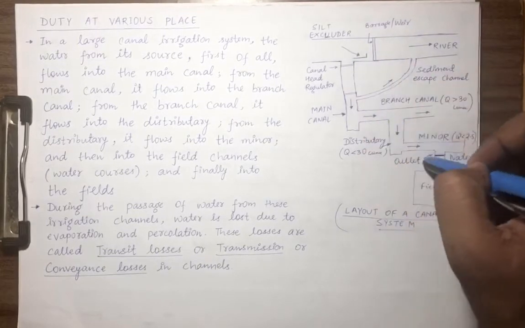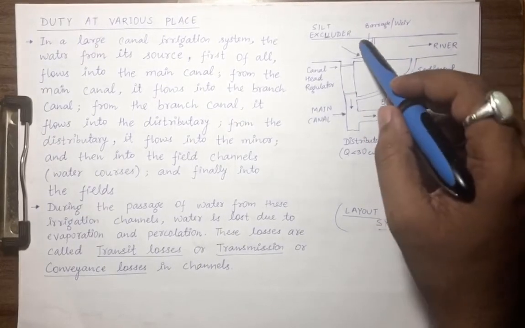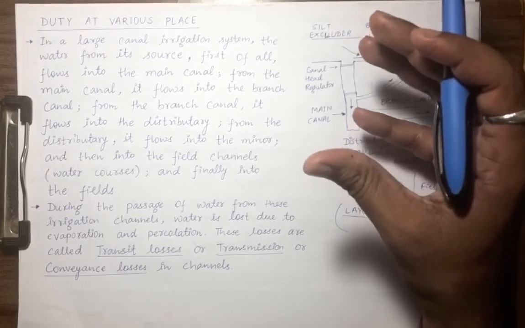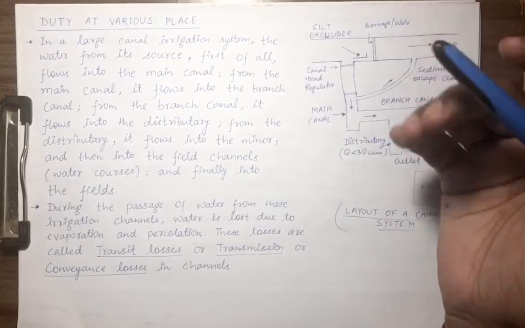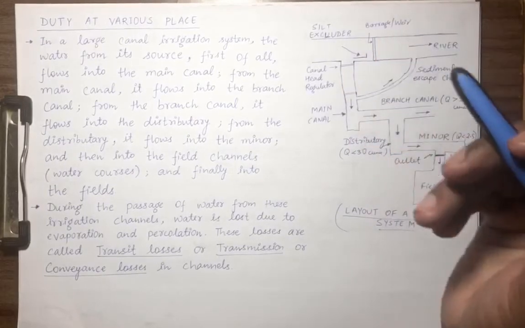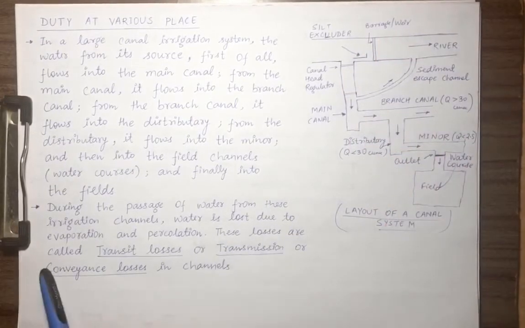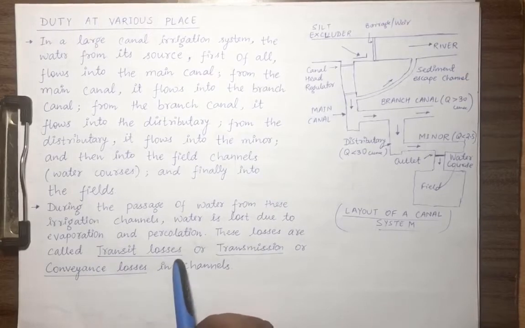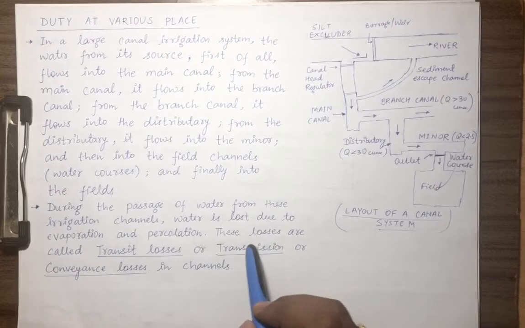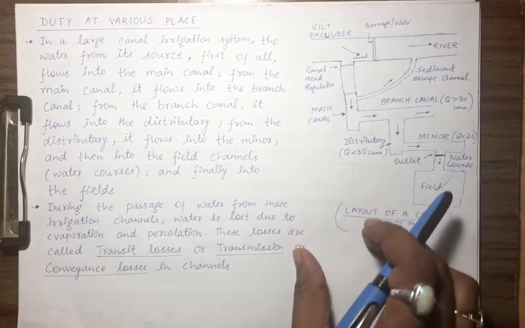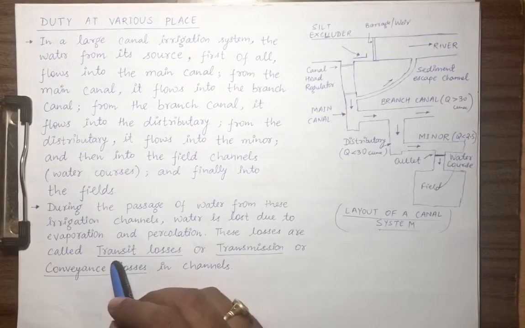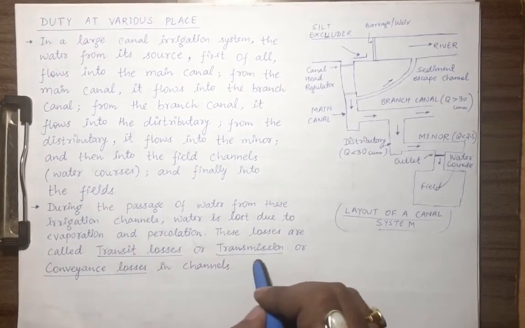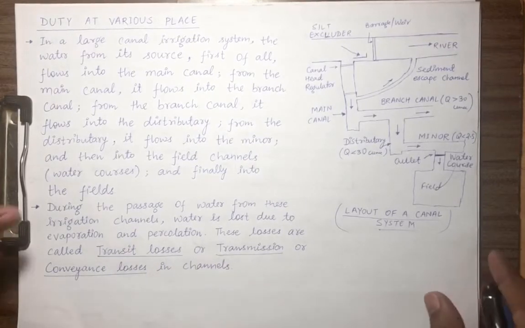While transporting water through this route, a significant amount of water is lost in the form of evaporation and percolation. These losses are called transit, transmission or conveyance losses in the channels, because they are lost during transmission of water.